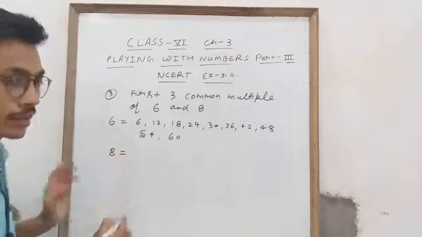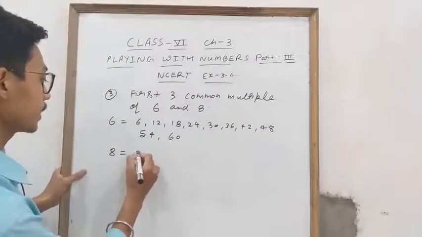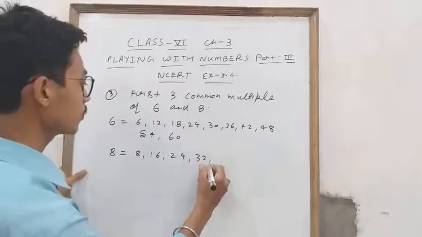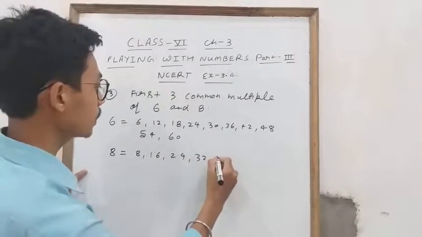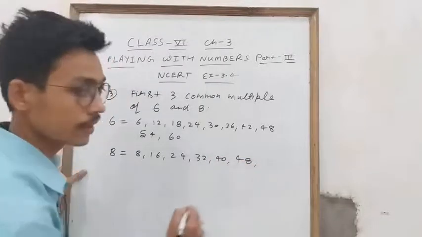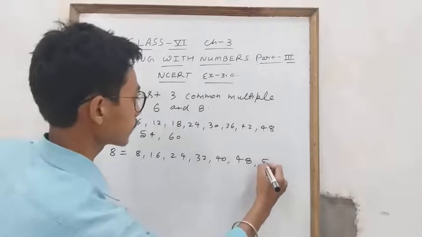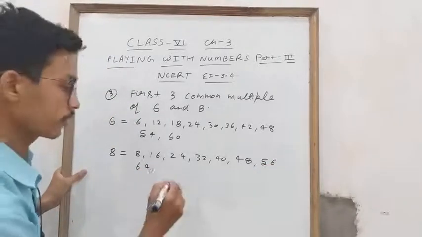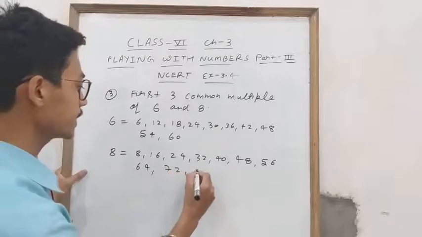See if anything is common or not. 8 1s are 8, 8 2s are 16, 8 3s are 24, 8 4s are 32, 8 5s are 40, 8 6s are 48, then 8 7s are 56, 8 8s are 64, 8 9s are 72, 8 10s are 80.